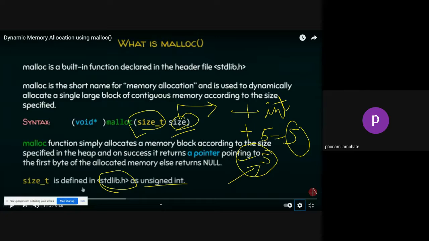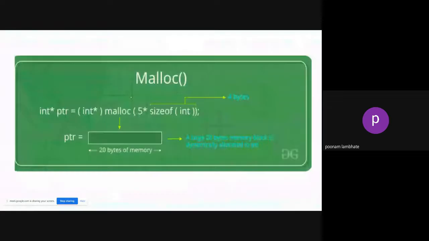If you don't want to write size_t or understand this, simply consider it as int size, where the size variable can hold only positive integer values, and a positive integer value should be passed as a parameter to this malloc function.